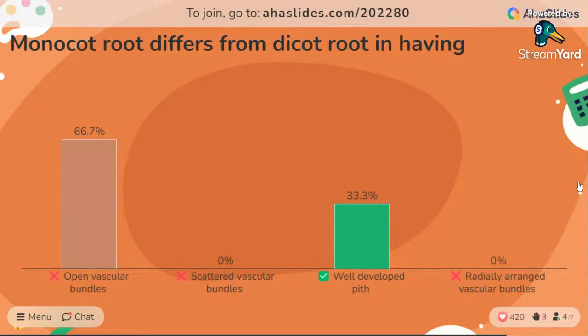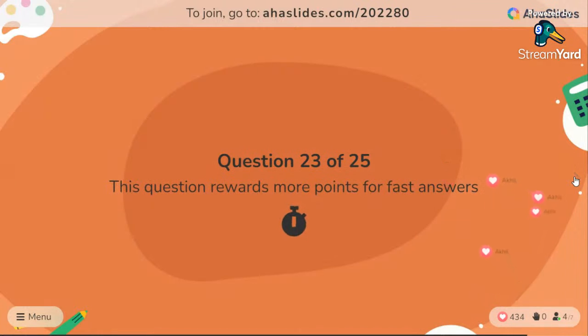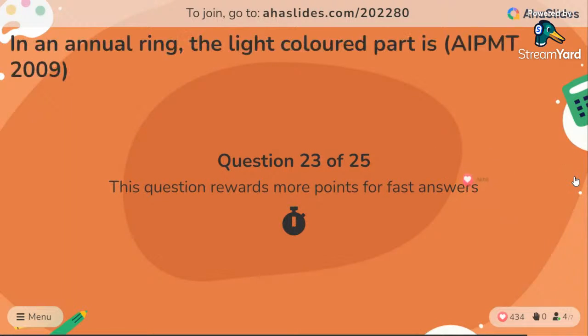Let's have the correct answer as a well-developed pith. Okay, well-developed pith. I already told you in case of the root, the monocot root will have more xylem elements, more vascular bundles will be there, and that will be having a well-developed pith as well. Let's move on to the next question, number 23 on your screen.